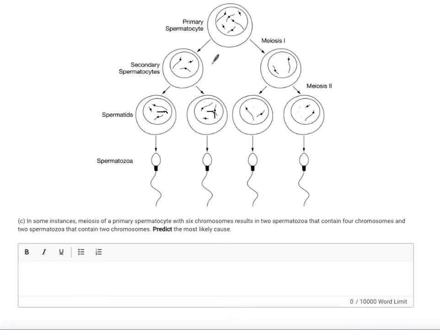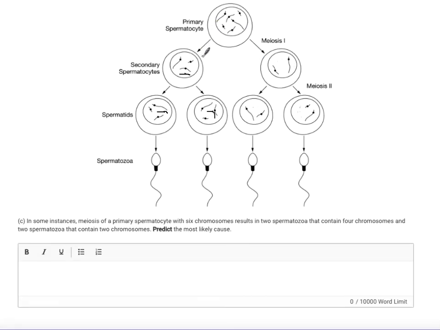So what would have to have happened is something called nondisjunction. You would have a situation where things did not go right in meiosis 1.